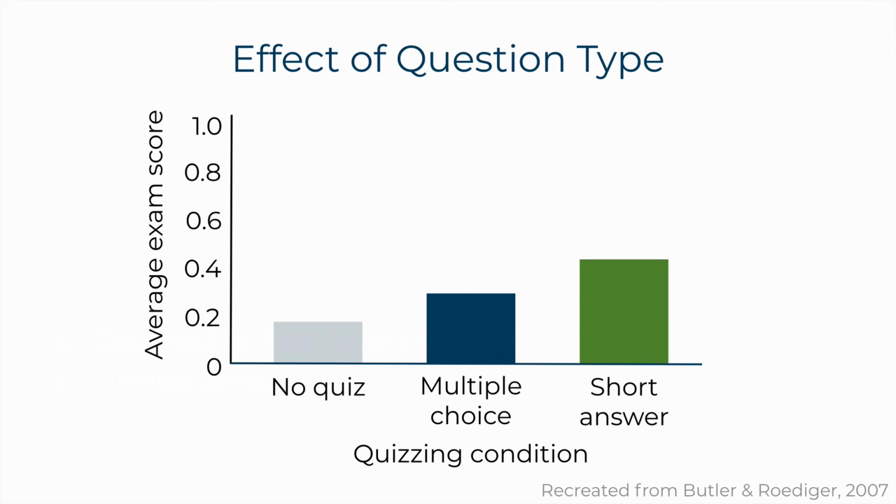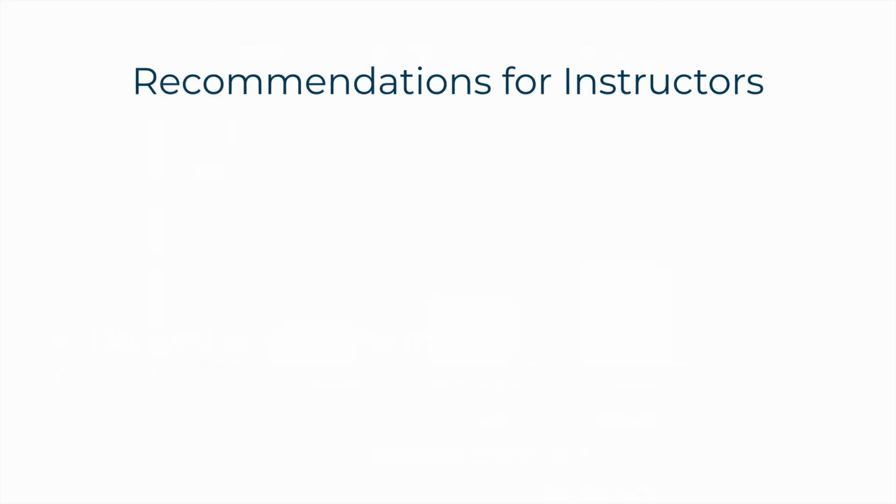A short answer question is a recall type question. You have to recall the correct answer. And that's more effortful cognitively than answering a multiple choice question where you have to recognize the correct answer in a list. And so the theory says that the more effortful the retrieval, the better the memory formation that's going to occur.